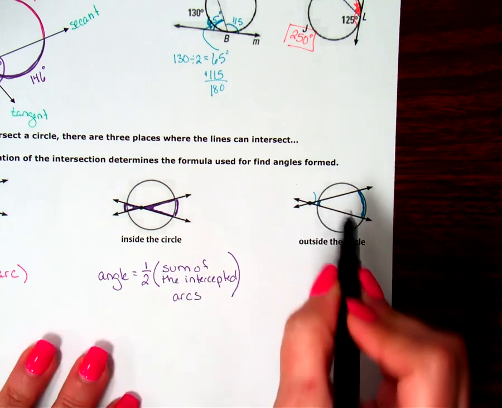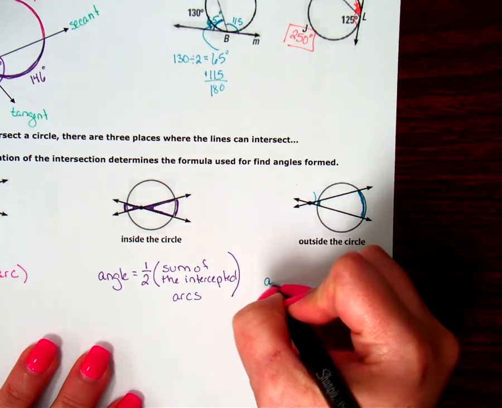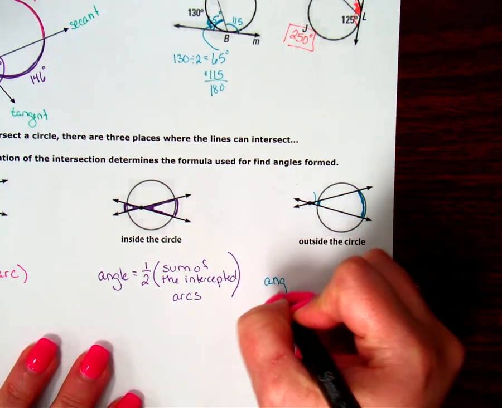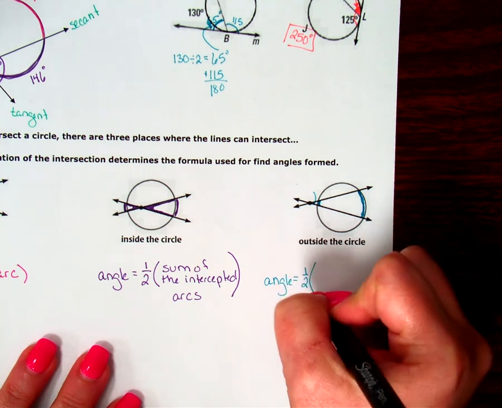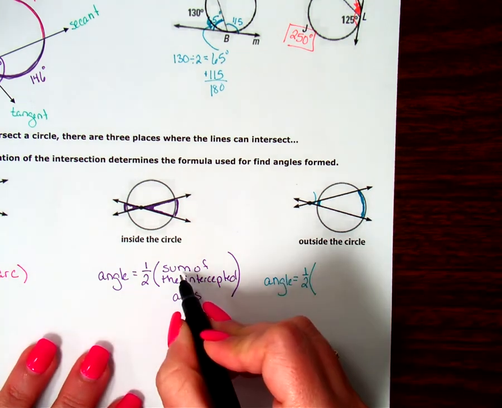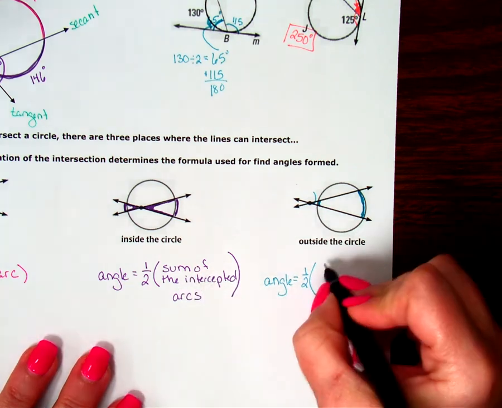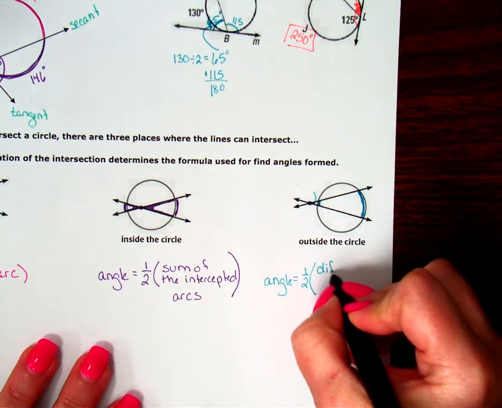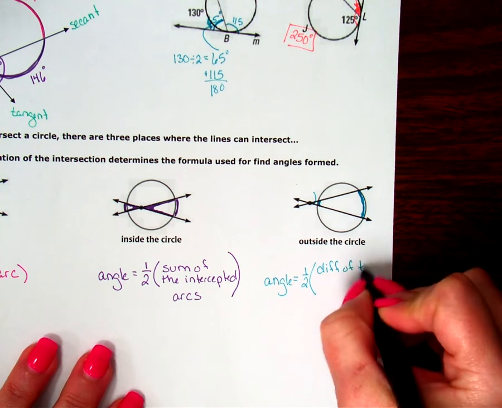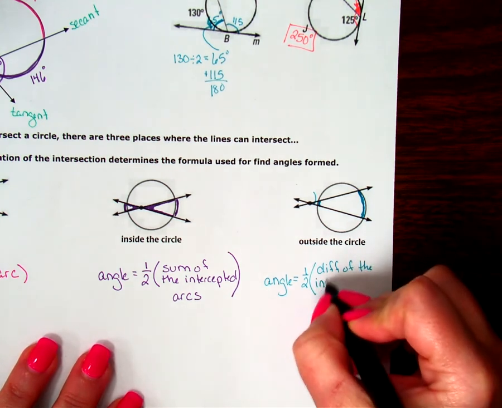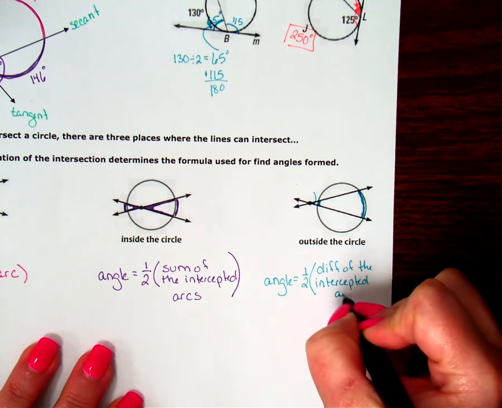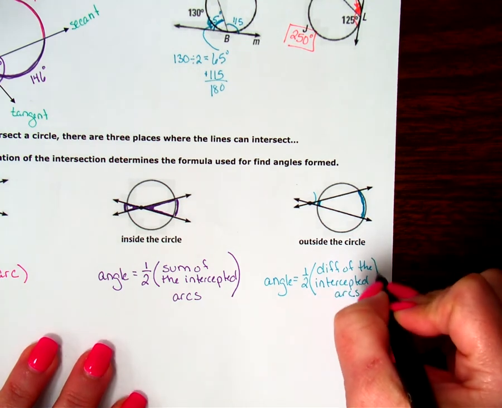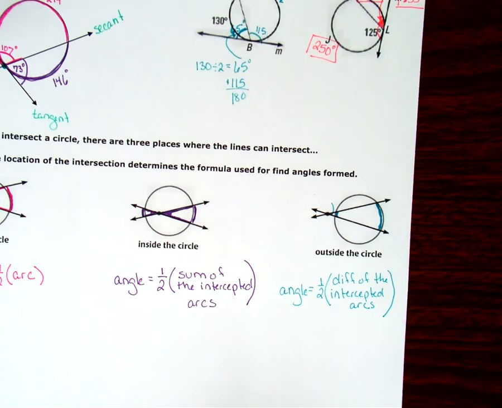There's not just one arc to divide in half. What we do on this one is very similar to the other two, my angle. This time though, it's going to be 1/2. Instead of adding the two intercepted arcs together, we're going to subtract them. So the difference of the intercepted arcs. So there's two of them.